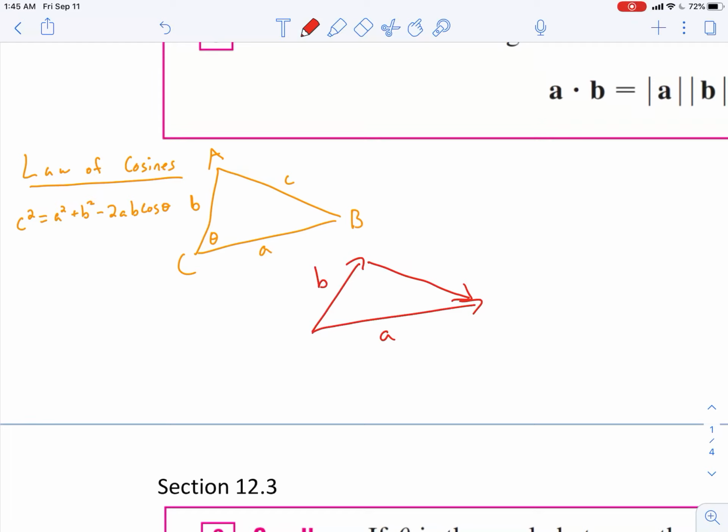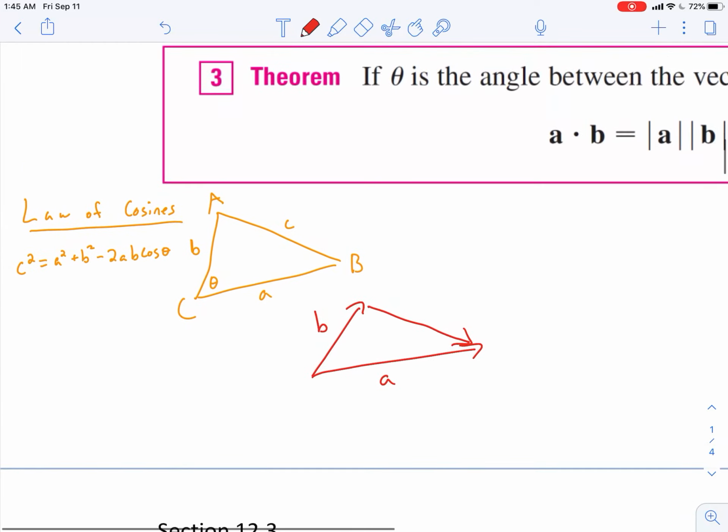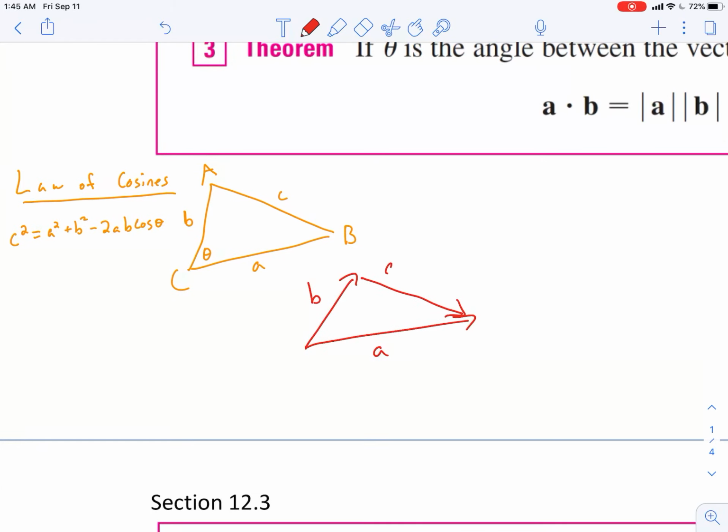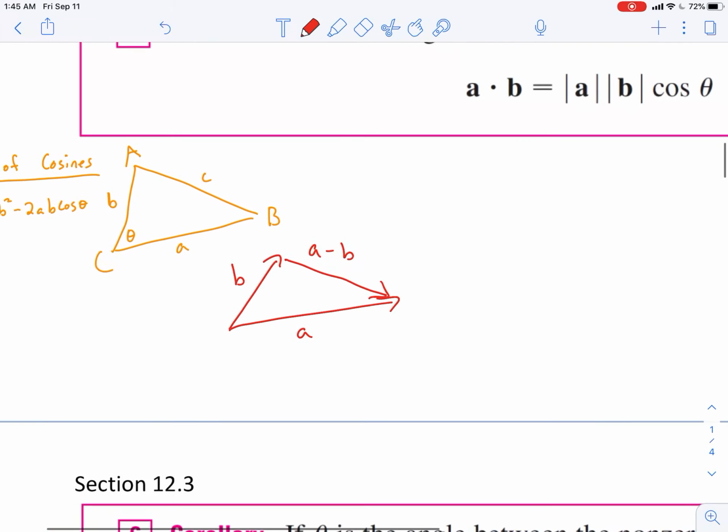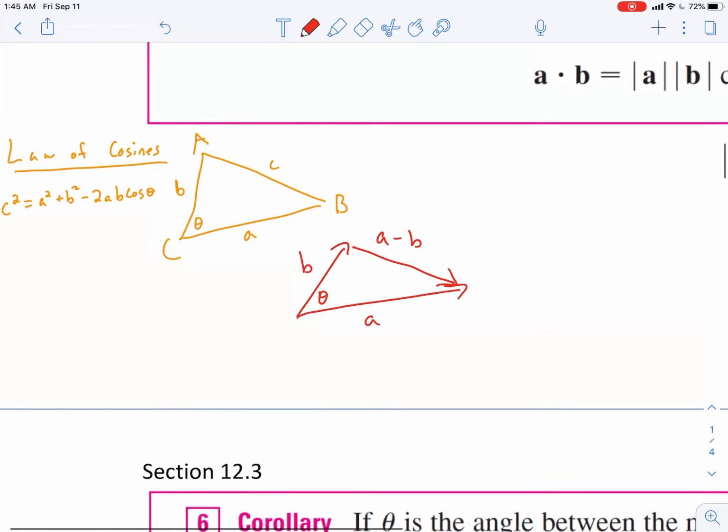Now, if you remember from last class when we were talking about adding and subtracting vectors, we know that this vector that I just created, that matches the terminal points of vector B and vector A, is A minus B. Right? And you'll see that this is very similar to what we have over here. All right. And let's go ahead and put this angle there, theta.